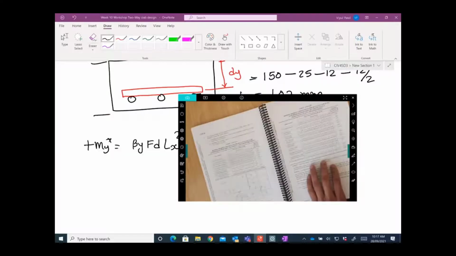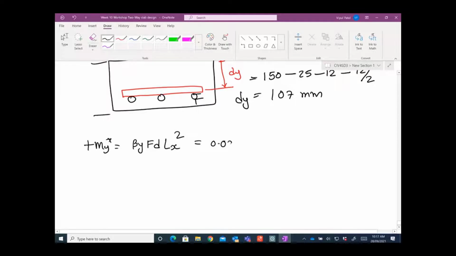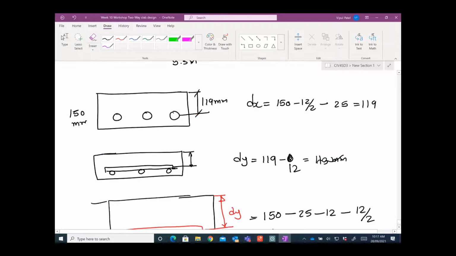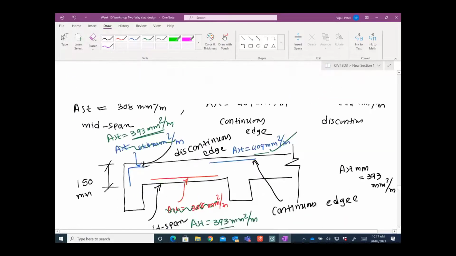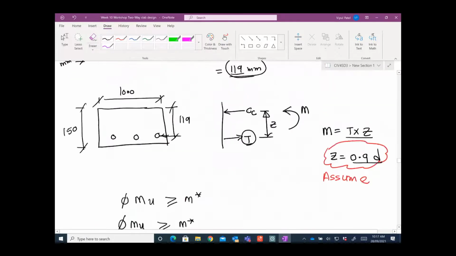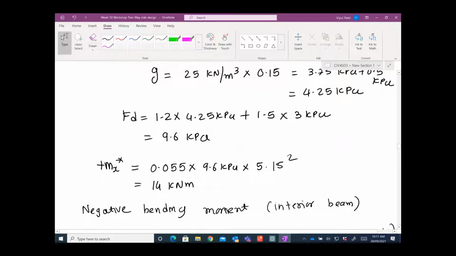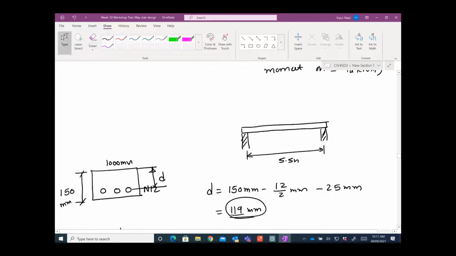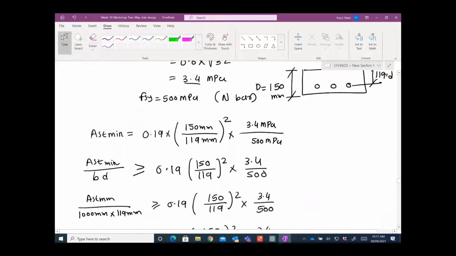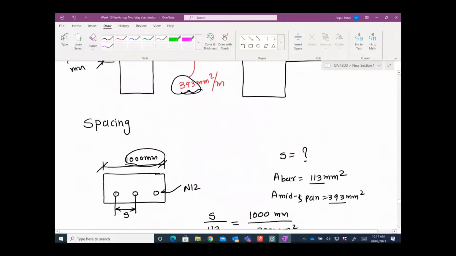So let's put that one, 0.035 times fd. We calculated fd before. It's not going to change with the loading in the x direction or y direction. If someone is walking, it will not say that I'm walking only in the x direction. So 9.6, your dead load and live load, stays the same.